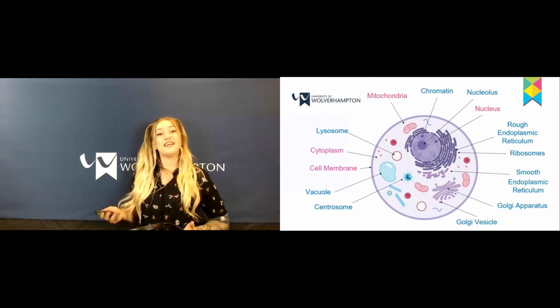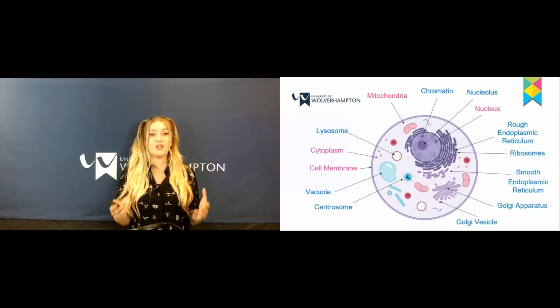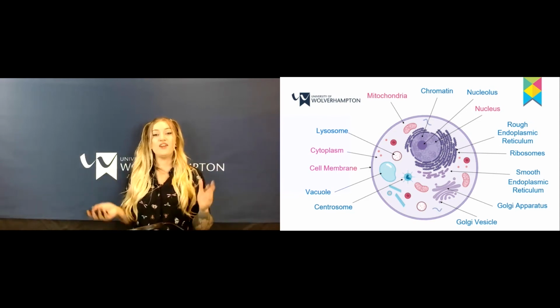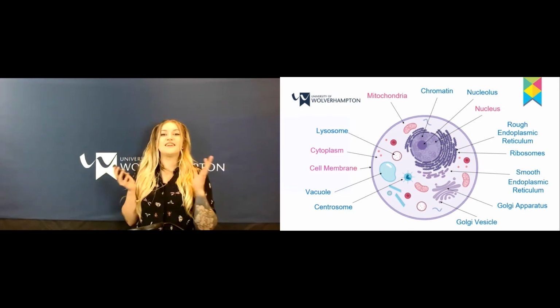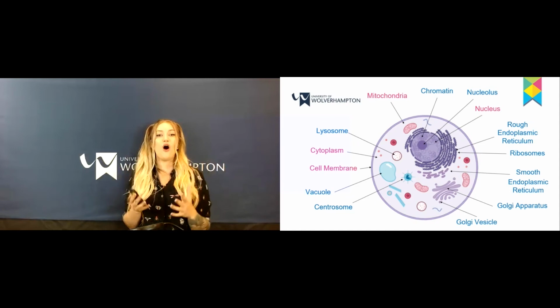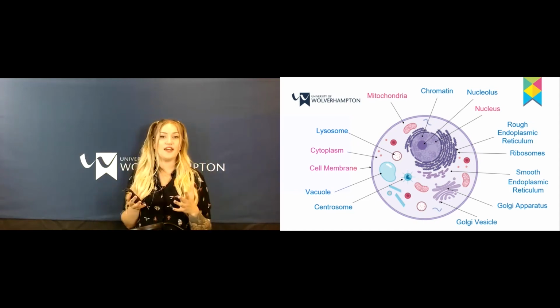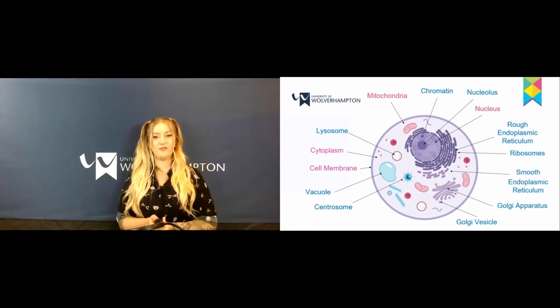But as you can see now, there are quite a few different organelles that we're going to mention within your further studies as well. First of all, within your nucleus, you have your nucleolus, and this is the part that makes RNA. Also in your nucleus, you have the chromatin, and these are parts of the cell's DNA itself.